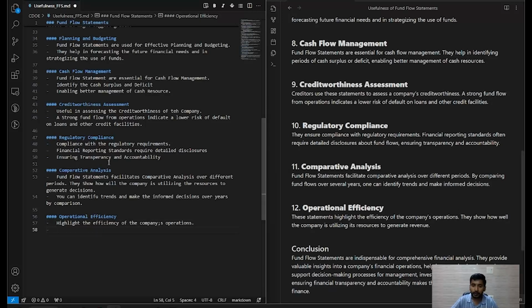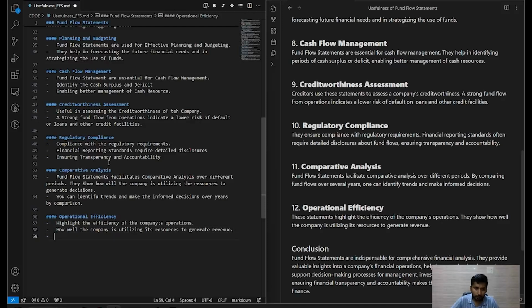They show how well the company is utilizing its resources to generate revenue.